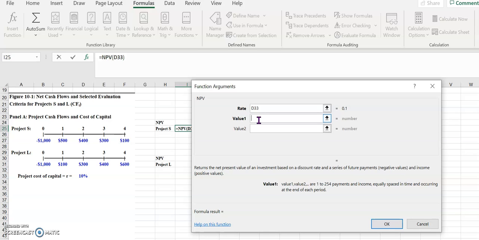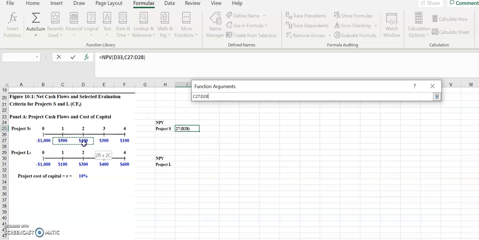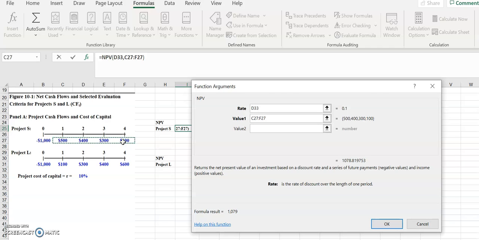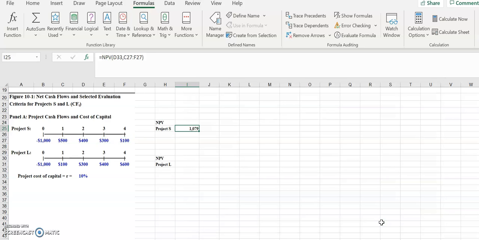The initial outlay is not taken into account while calculating the NPV of the project in Excel just yet. So we put in the cash flows from time period 1 to 4, which are essentially the inflows, and then say OK.